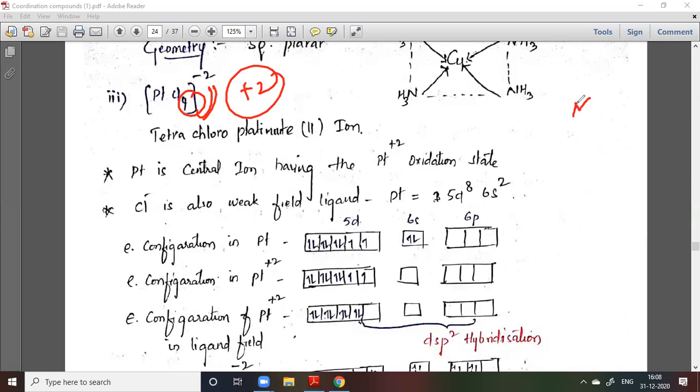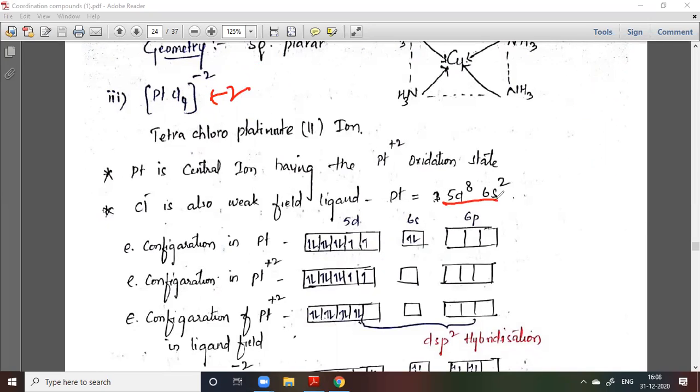Remember that a metal will always have only a plus oxidation state. Never will a metal have a -3 like this. It generally has a plus oxidation state, because being a metal means losing electrons. Whatever element is ready to lose electrons is called a metal, and whatever gains is a non metal. So here platinum is a metal which has a +2 oxidation state.